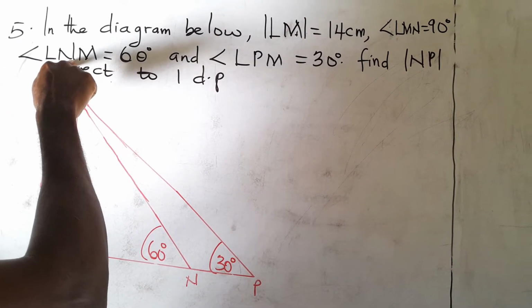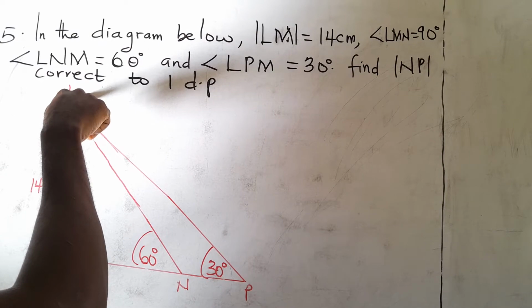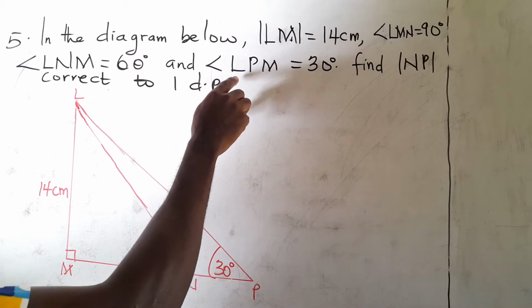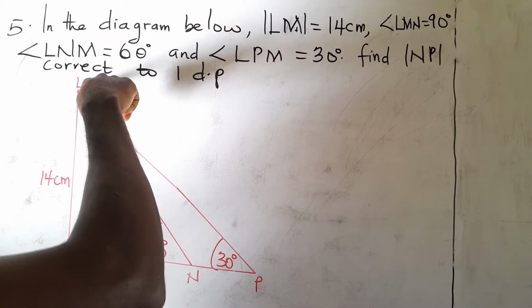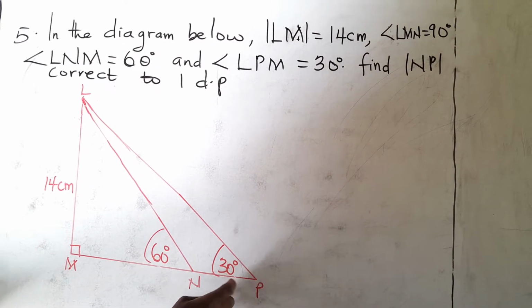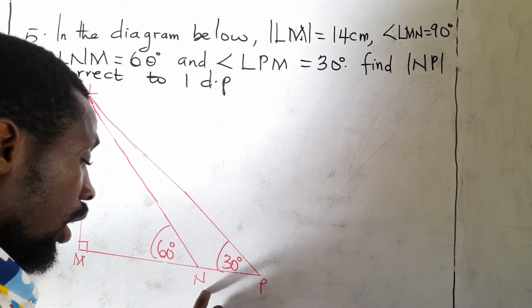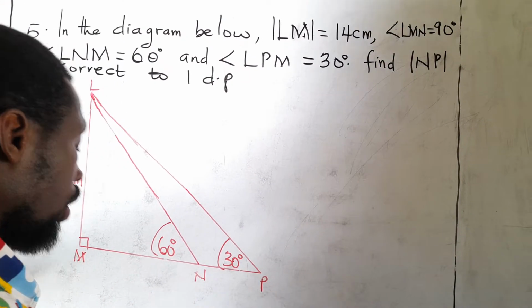Angle LNM is 60 degrees. And angle LPM is 30 degrees. We should find NP. That's this side here, N to P.